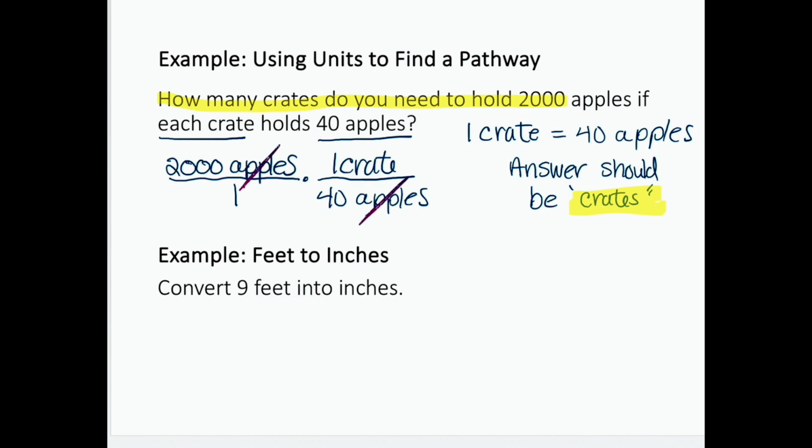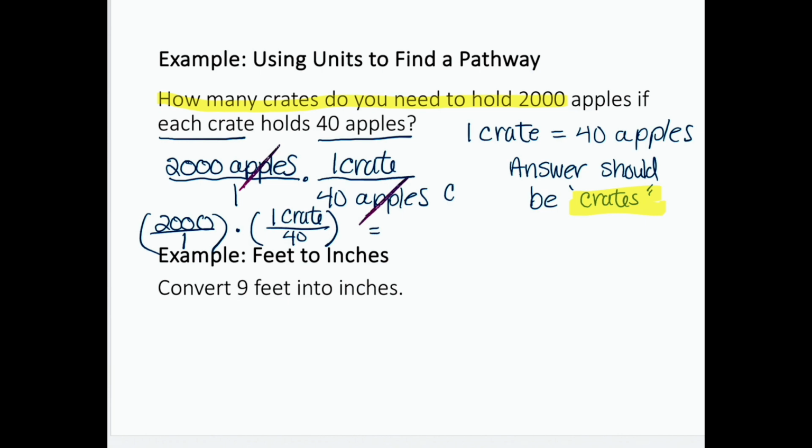And so now to answer this, I just need to take 2,000 over 1 and multiply it by 1 crate over 40. I'm not putting the apples in there because they got crossed off.